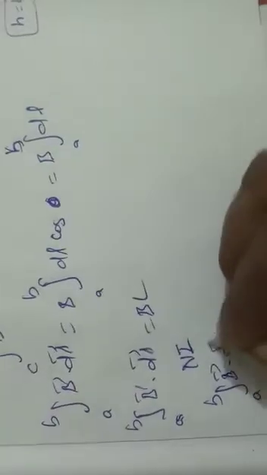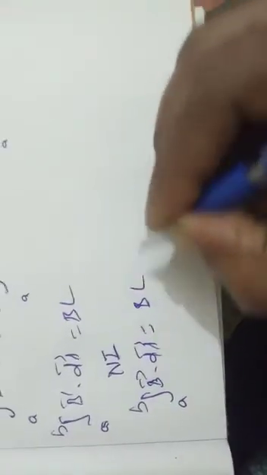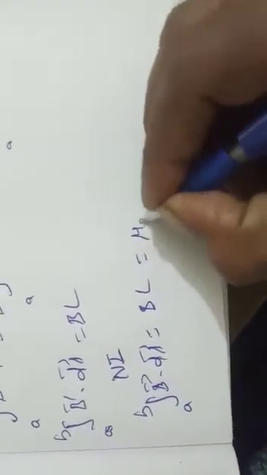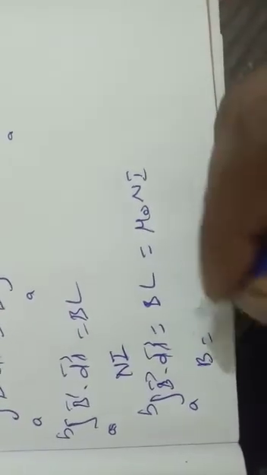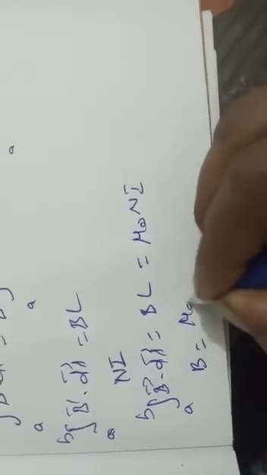So the total current passing through the solenoid of N turns is NI. So we can write the integral from A to B of B dot dl is equal to B L, which is equal to mu naught N I. So the magnetic field B is equal to mu naught N I by L.